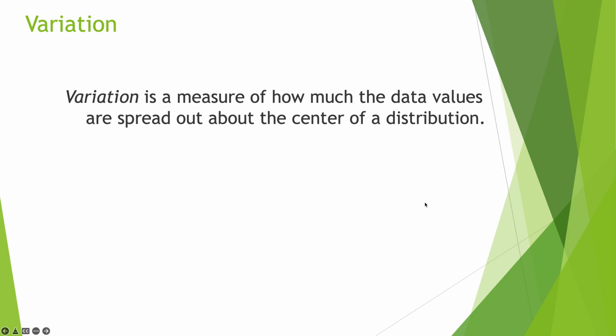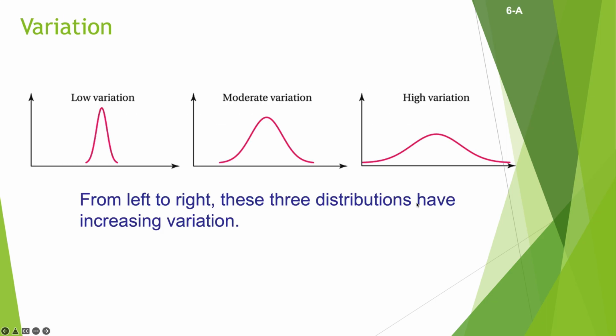Next up, variation. Variation is not so much about central tendency, which mean, median, and mode are, but how much the data spread out from the center of a distribution. So low variation means all of the data is packed in a really small range or area of the graph.